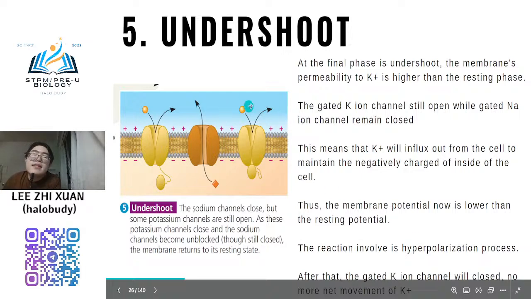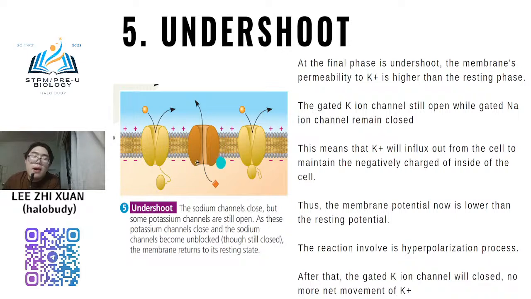Once they realize that the axon membrane is now totally negatively charged, the undershoot process ends, and the membrane potential will increase back to the resting state.